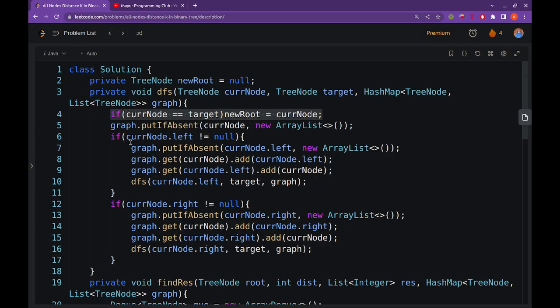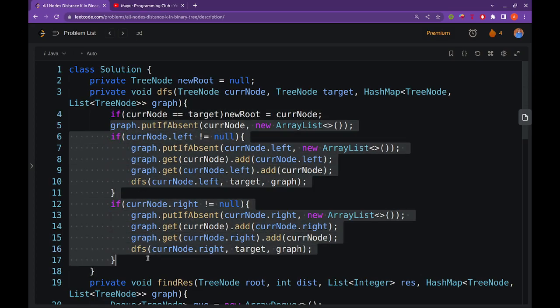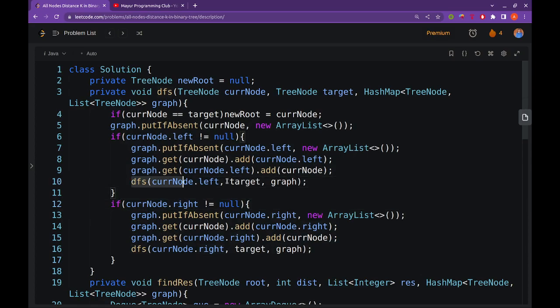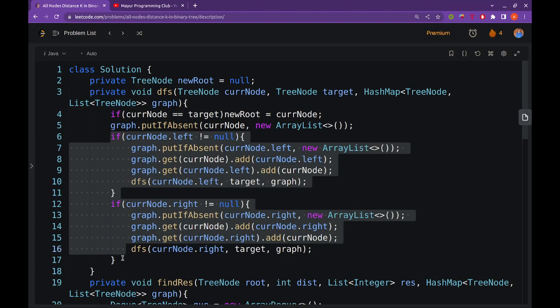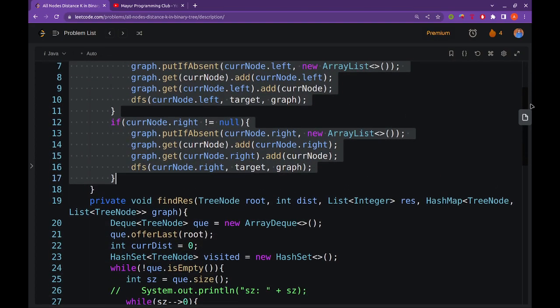And in this part, we are making the bidirectional edges in the graph, doing simple recursion to make all the bidirectional edges in the tree and converting it into a bidirectional graph.